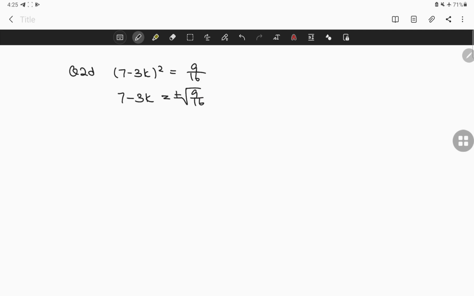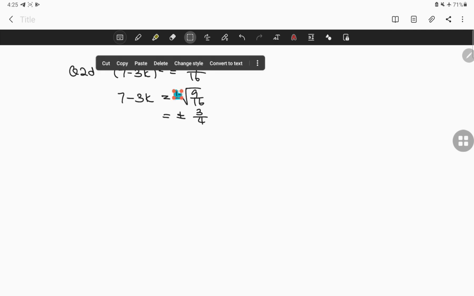Remember to have your plus minus sign as well. If you key square root 9 over 16 into your calculator, you actually get 3 over 4. And then it's plus minus 3 over 4 because we have the plus minus sign over here.